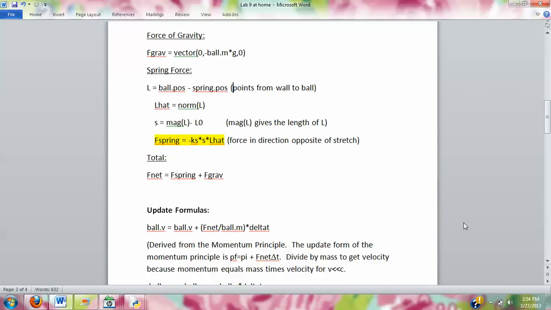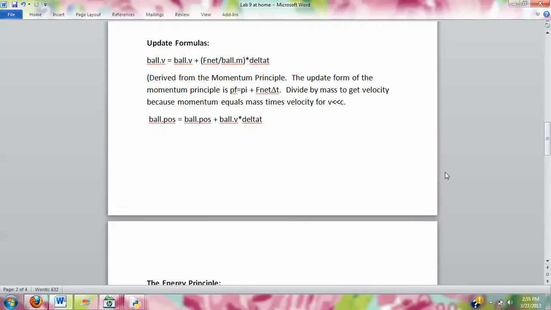Because the spring force and the force of gravity are the only two forces acting on the ball, F net is equal to the sum. The two update formulas in the loop are the update of velocity and the update of the position of the ball. The update formula for the velocity of the ball is derived from the momentum principle. The update form of the momentum principle is the final momentum equals the initial momentum plus F net times delta t.